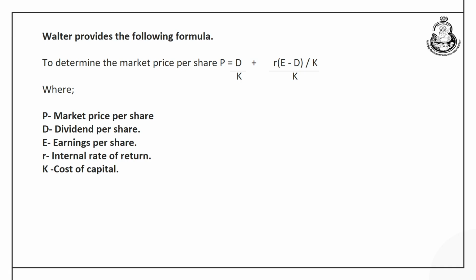So, here P represents the market price per share, D stands for dividend per share, E refers to the earnings per share, R is the internal rate of return, and K denotes the cost of capital.